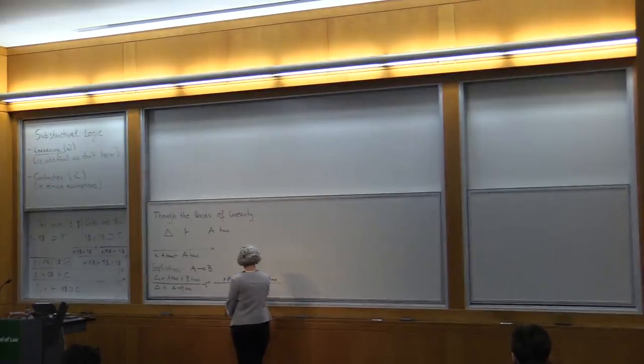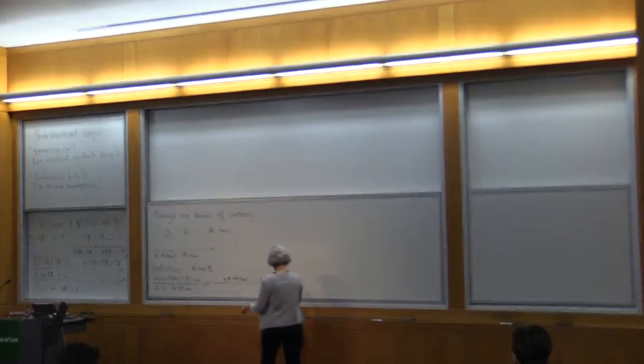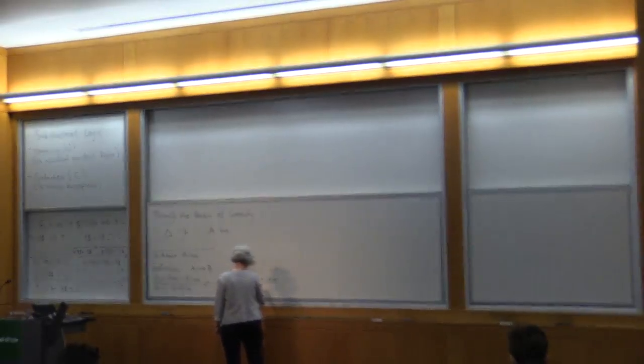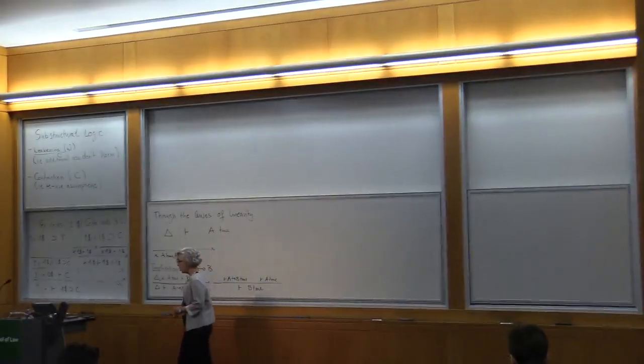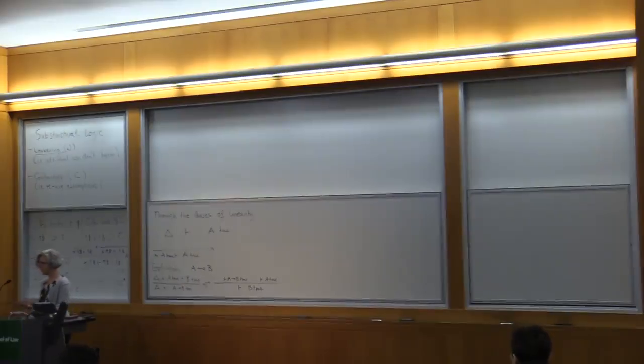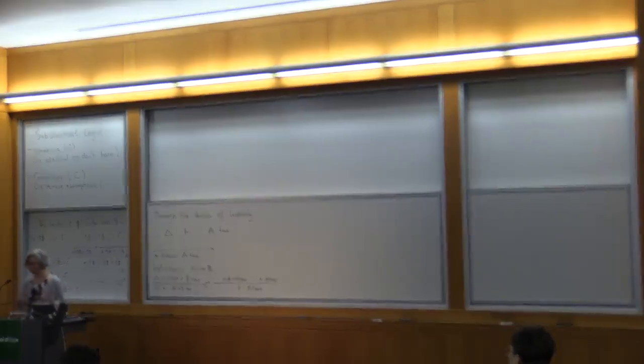And so if you have A implies B, linearly implied A, then we can conclude B. But we now need to worry a little bit more about the assumptions that we have used, because we want to use them only once.